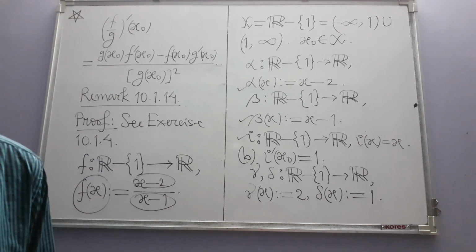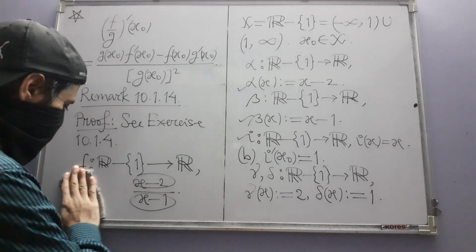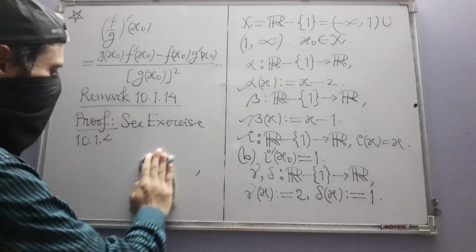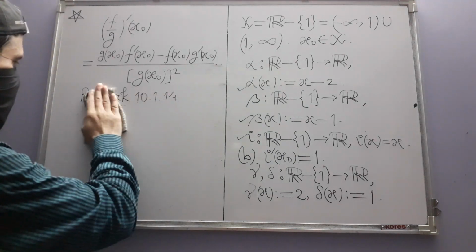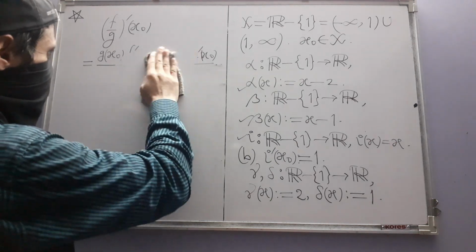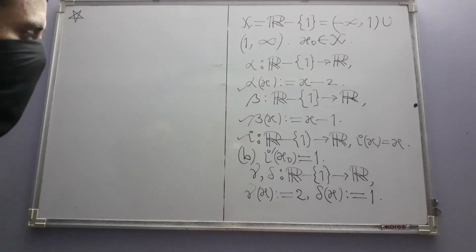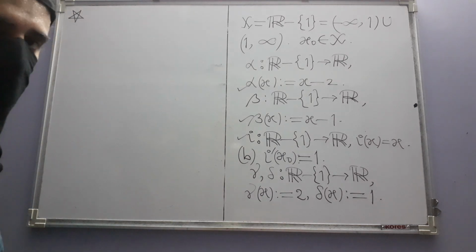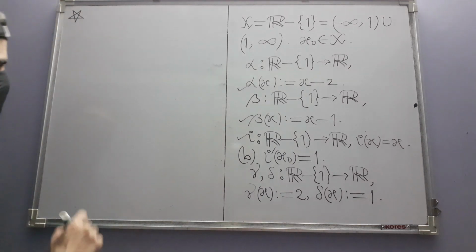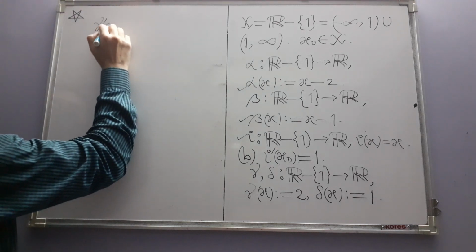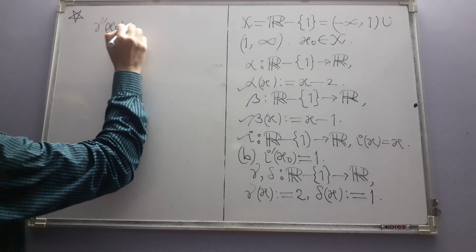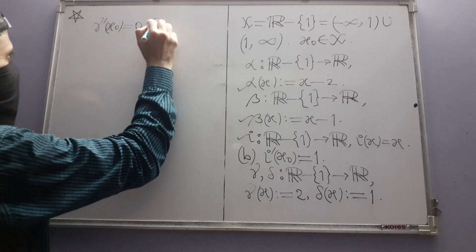So both gamma and delta are also differentiable, and this is by part A. By part A, gamma and delta are both differentiable at x naught, and the derivatives are both 0.